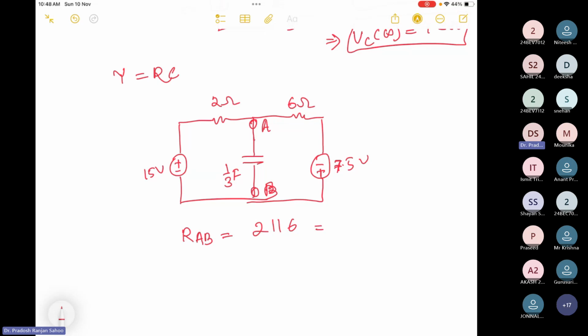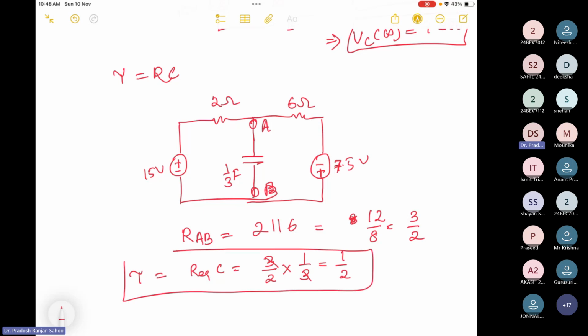So RAB is 12 by 8, that is 3 by 2. So I can find out tau equal to R equivalent into C, that is 3 by 2 into 1 by 3. So I'll get 1 by 2 here. So I got the time constant here.